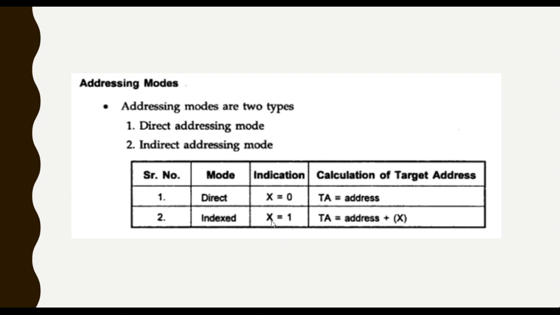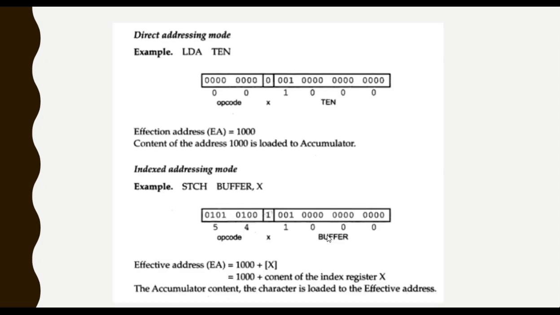In indexed mode, X is set to 1, and the target address is calculated as the address plus the content of X. This is like an array. For example, A of 1, where 1 is the offset. The target address is the base address, that is the address of A, plus the offset 1. If you add these two, you get the target address.